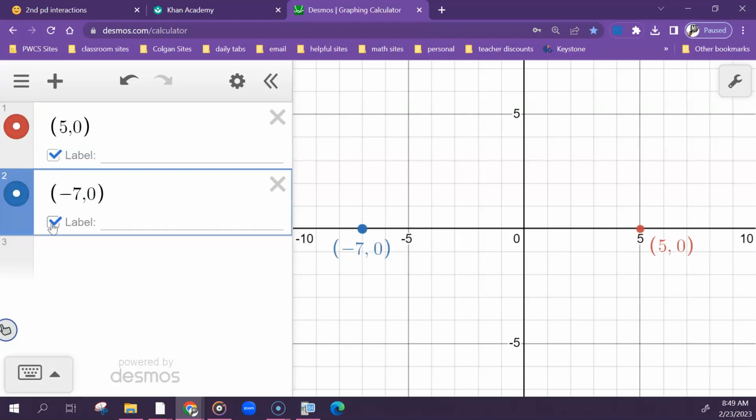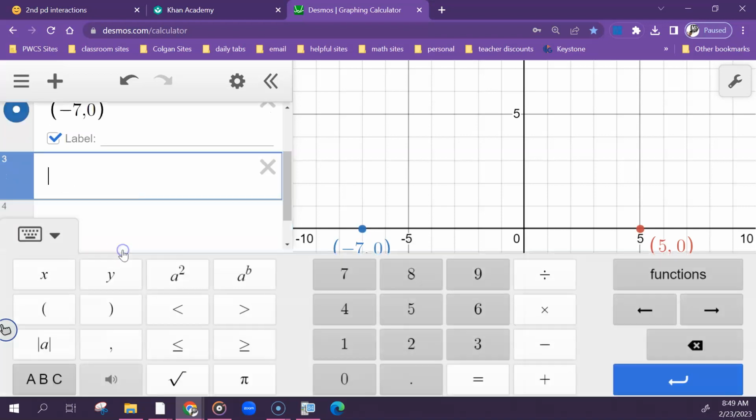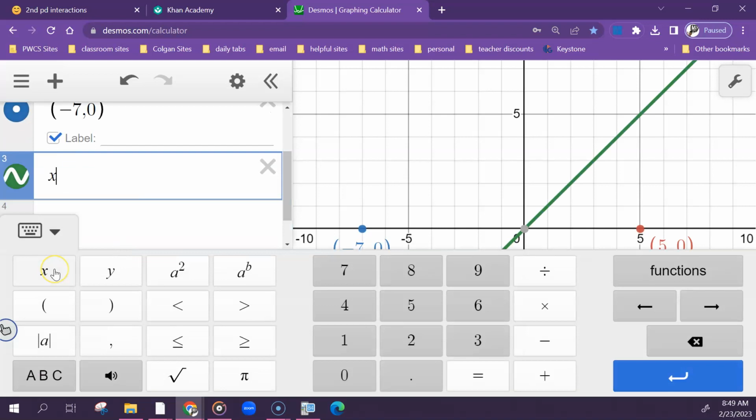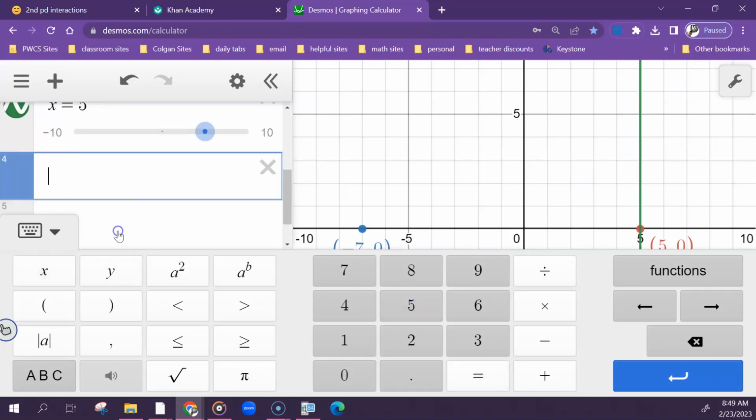You would notice that they fall on the same line, a horizontal line. So you would have to remember that that would be a y equals. And then you could either start to put in numbers you have. So we know x is 5 for one of them, x is -7 for one of them, and then y is 0 for both.